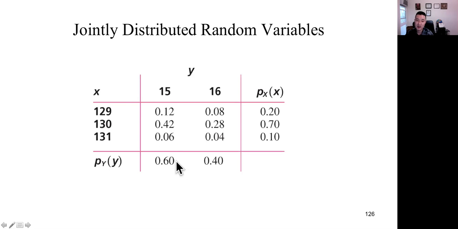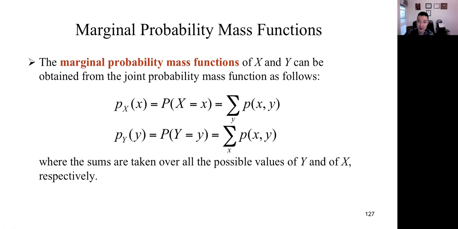So 0.60 equals 0.12 plus 0.42 plus 0.06. And this is defined here, and we call that the marginal probability mass function.